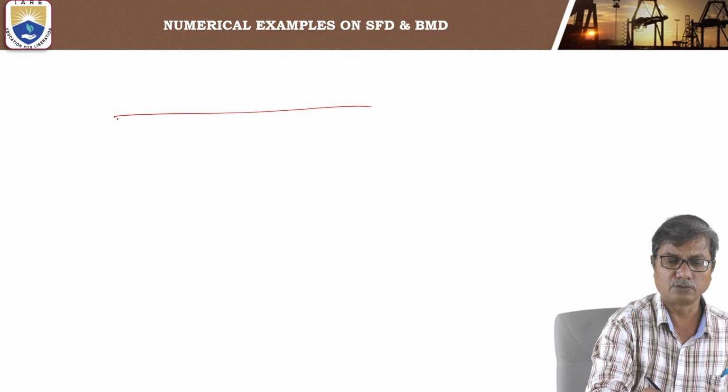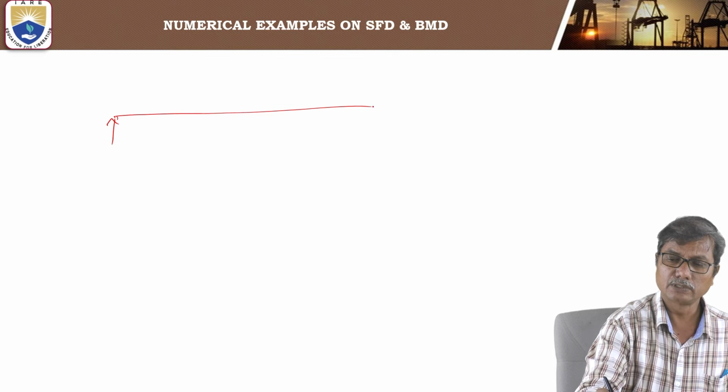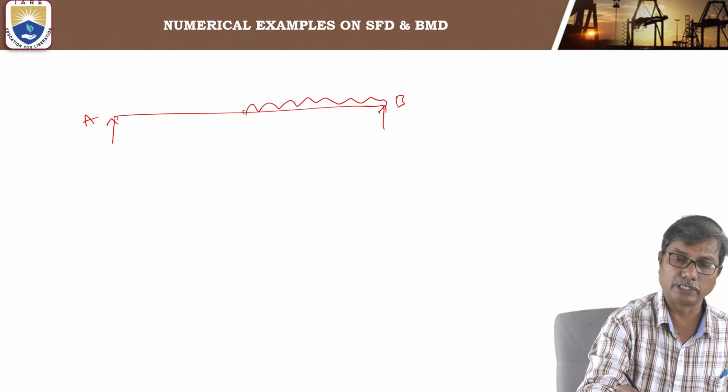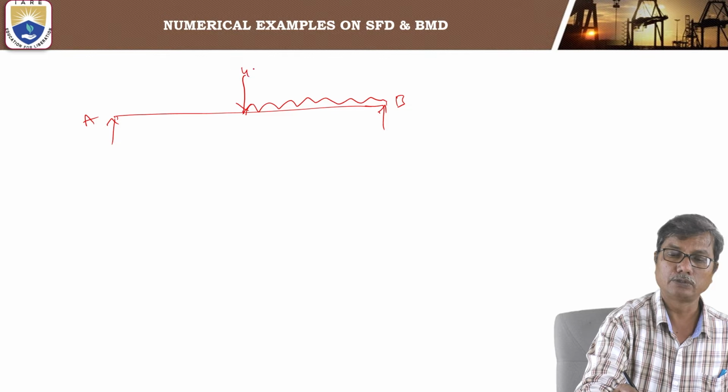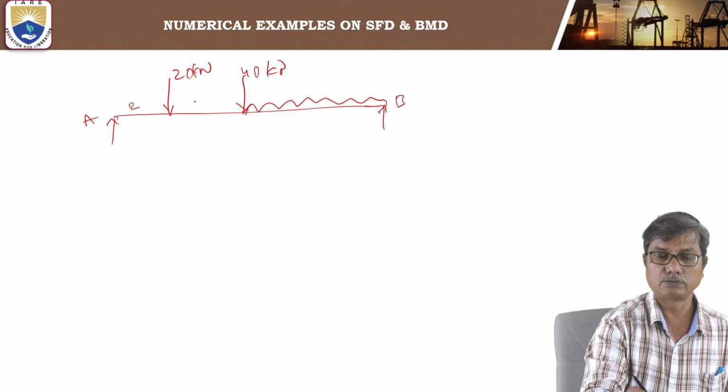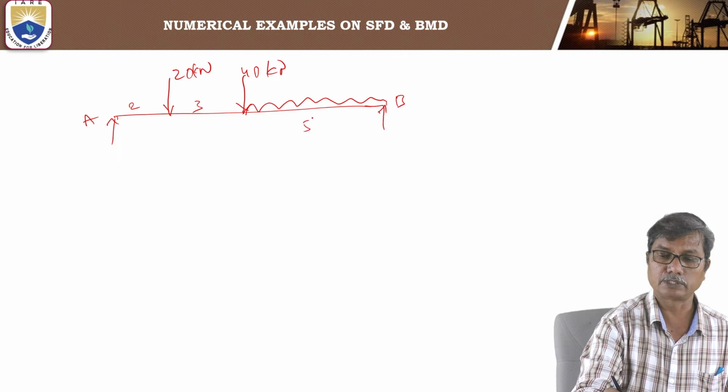To draw the shear force diagram, first let us draw the loading diagram as given. It is better to plot the shear force and bending moment diagrams in line with the loading diagram so that you can understand easily how the shear force or bending moment varies with the loading.